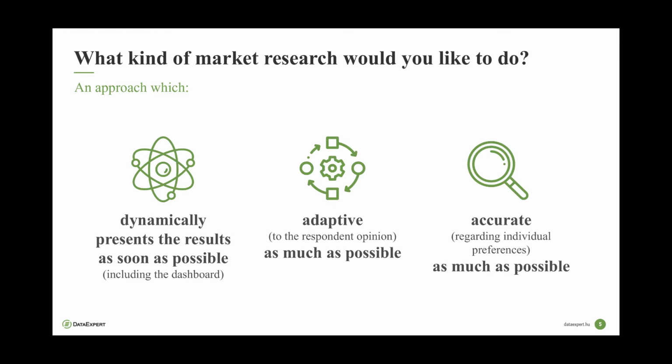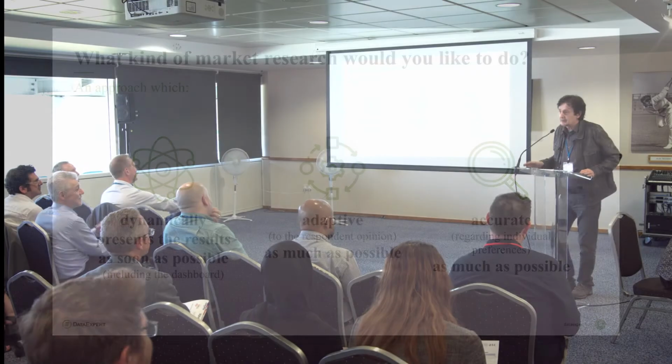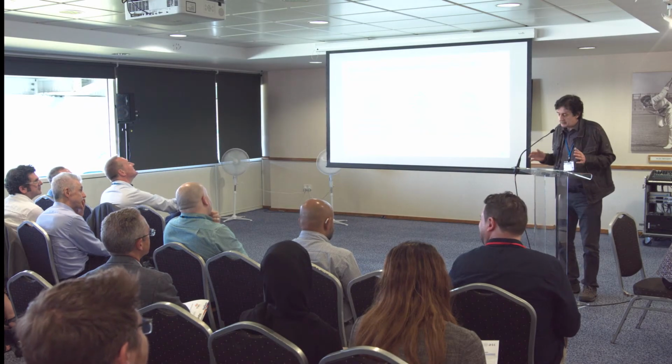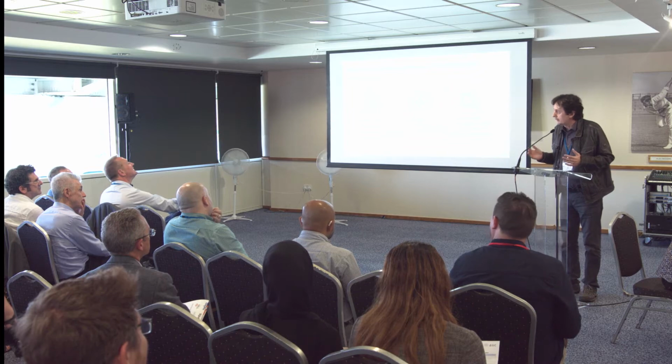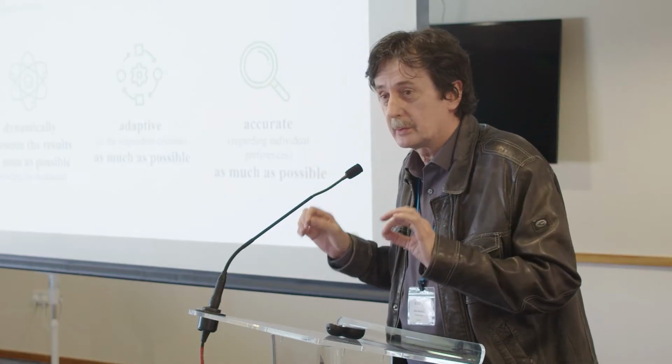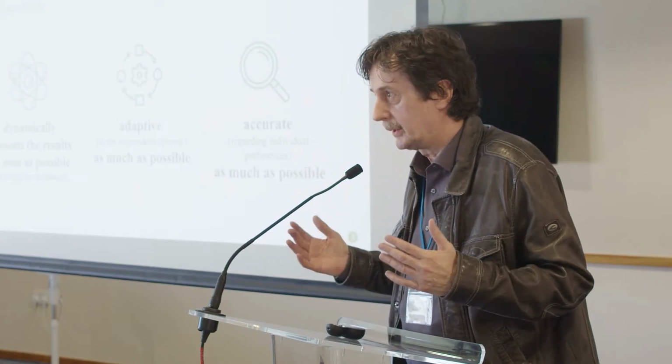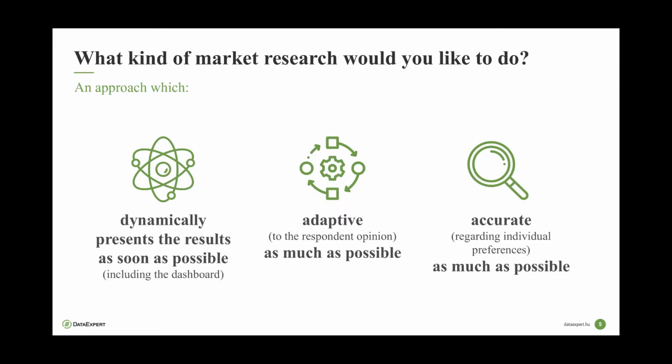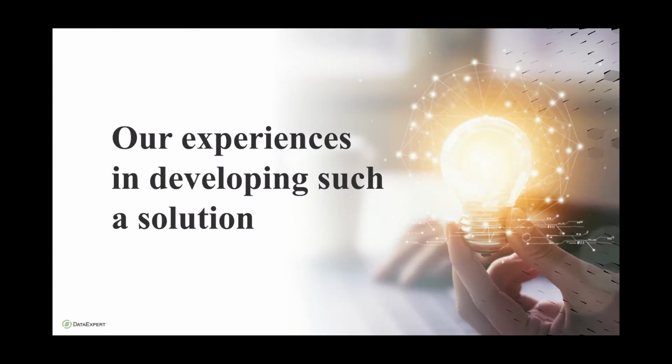And the last one is being as accurate as possible. All of this is related, so accuracy comes because you can do all kinds of analysis, not only registering the respondent, but analysis can be done in real time, so accuracy can be improved. Yeah, we are working on that.